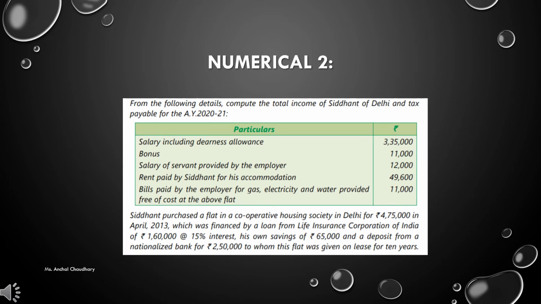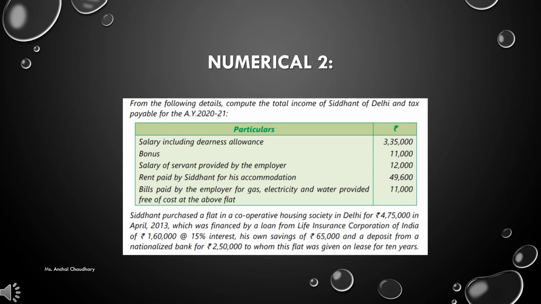Salary including DA, that is your 3,35,000, bonus 11,000, salary of servant provided by the employer 12,000, rent paid by Siddhant for his accommodation 49,600, bills paid by the employer for gas, electricity and water provided free of cost at the above flat, that is your rupees 11,000.